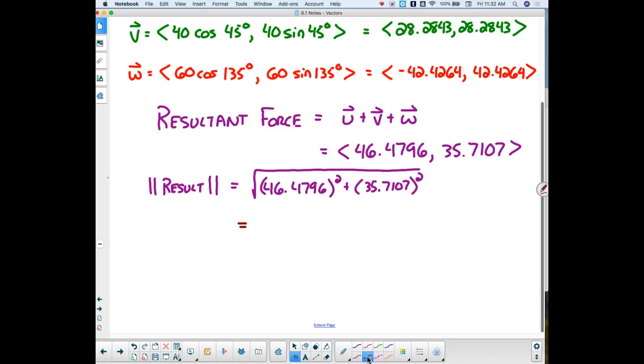I get the resultant force is 58.6141 pounds.